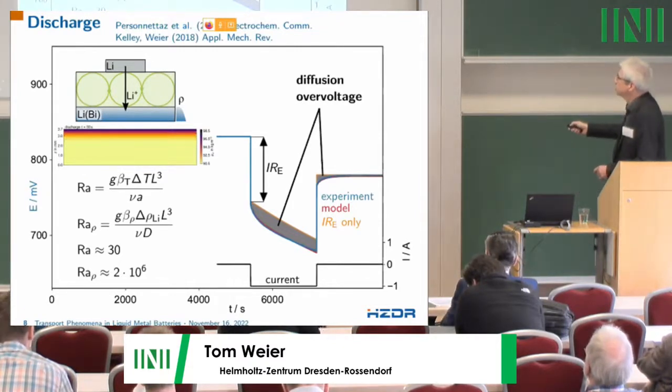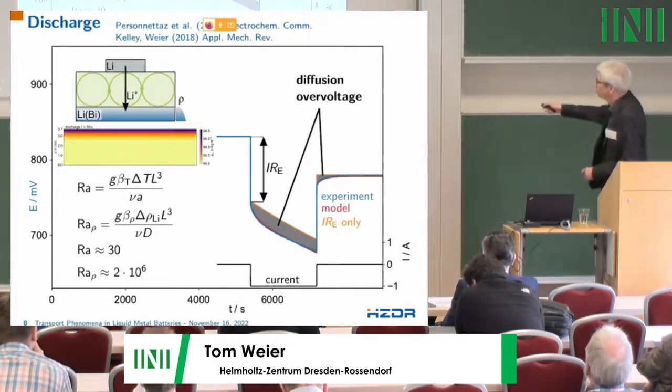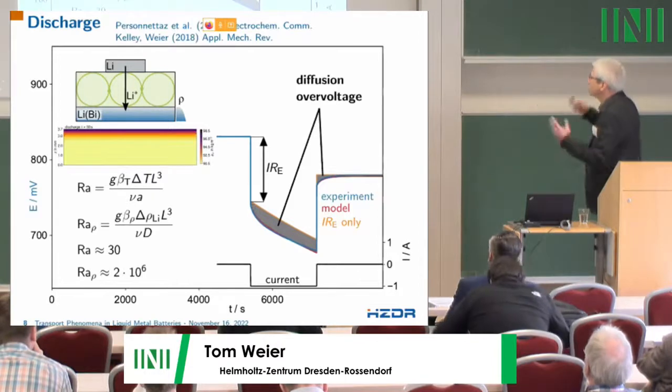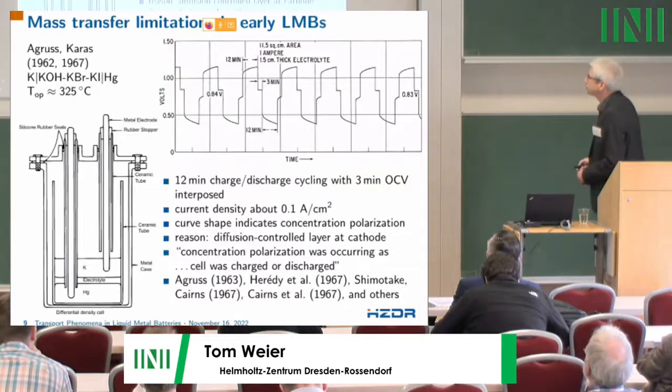And if you switch back to open circuit potential, the open circuit potential takes some time to relax, so it has to diffuse away, and then we are back to the open circuit potential that we would expect for the bulk concentration.